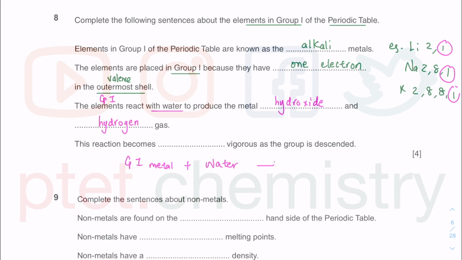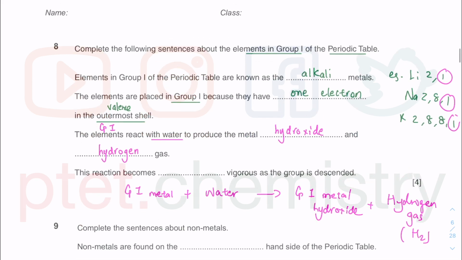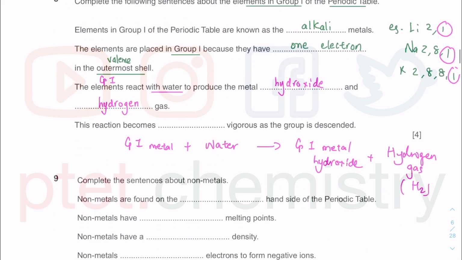Water is liquid, and then they'll give you group 1 metal hydroxide and hydrogen gas. These are your word equations, which you really must master. Hydrogen gas is basically H2 gas. And this reaction becomes more vigorous, more extreme, more reactive, as the group is descended.